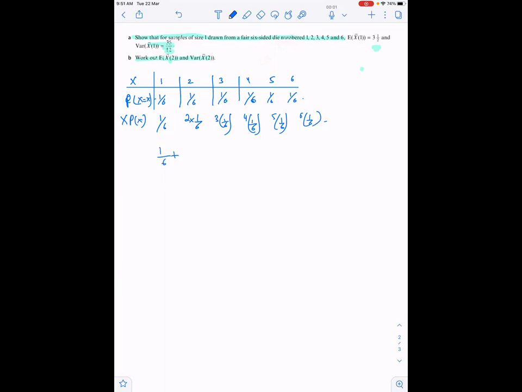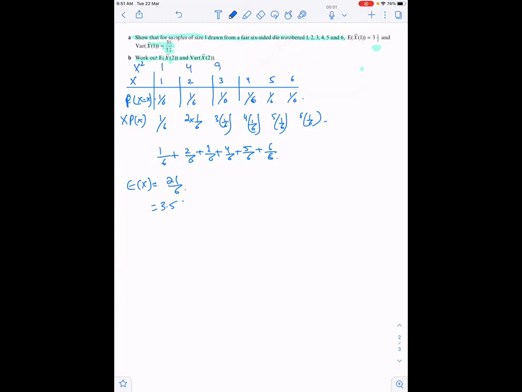So 1/6 plus 2/6 plus 3/6 plus 4/6 plus 5/6 plus 6/6. Add them up: 21. 21 divided by 6 is actually 3.5.